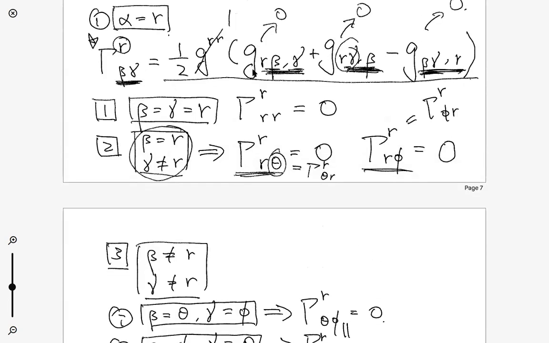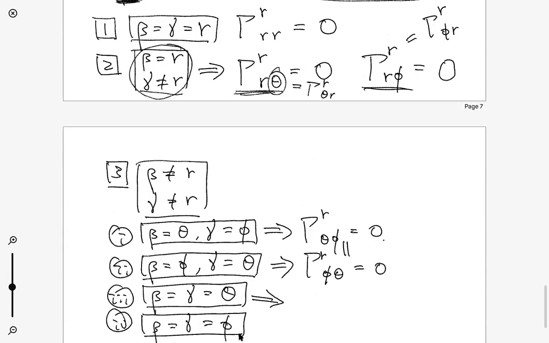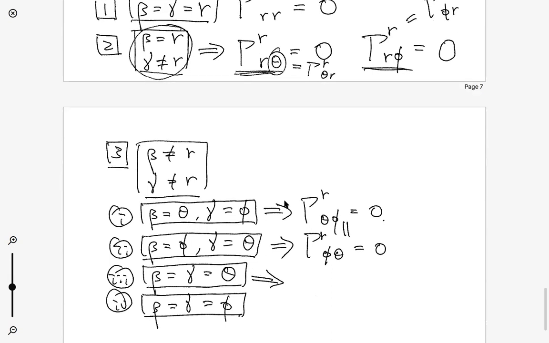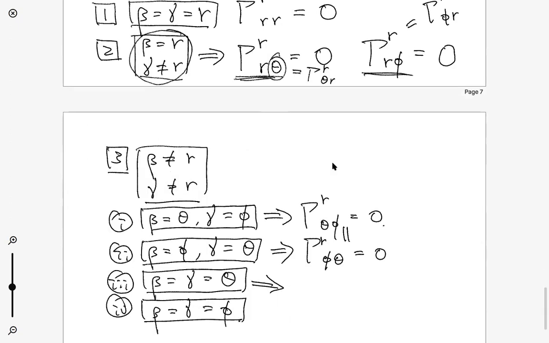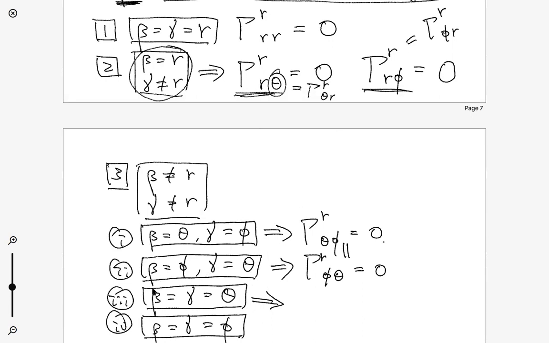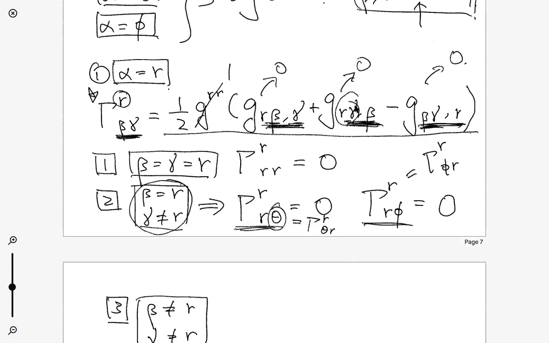We actually have G r theta for the first term, which is 0 because it's off-diagonal. For the second term, we have G r theta as well, because beta and gamma are the same, so gamma here is theta and G r theta is 0 as well.